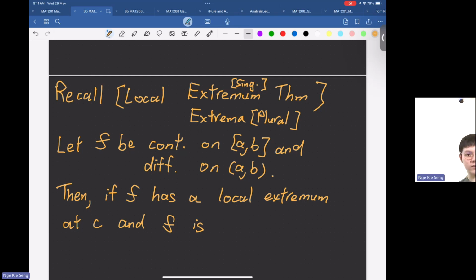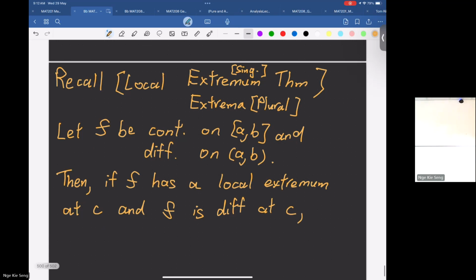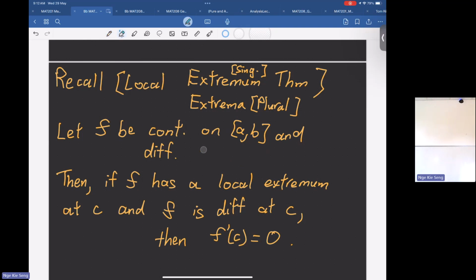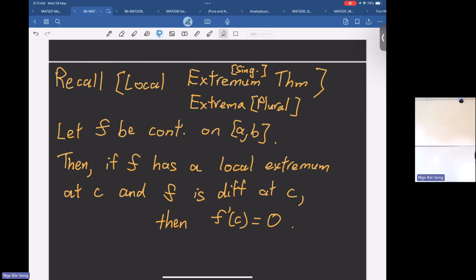Let me check for sure. Okay, and differentiable at c, then f prime of c is equal to 0. So really, I think we don't need differentiability at every point, just focus on a single point c. It has a local extremum, then the first derivative there must be 0.